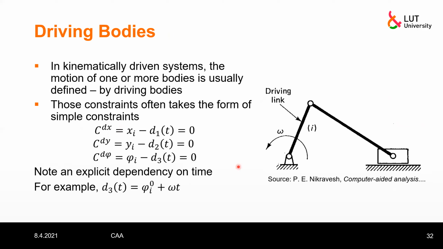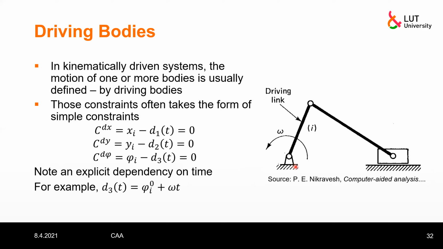And okay, the last main topic that is connected with constraints is so-called driving bodies. This is for the need of kinematic analysis, because in kinematic analysis we do not care about forces, but we have to somehow induce motion.